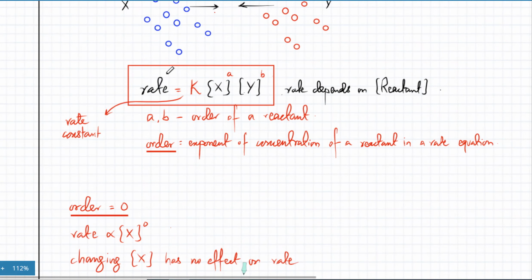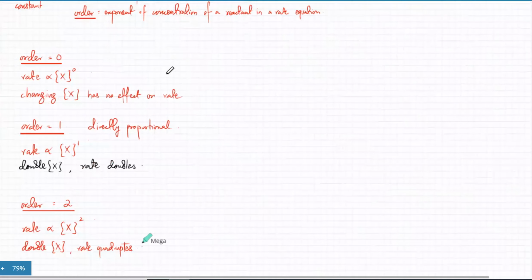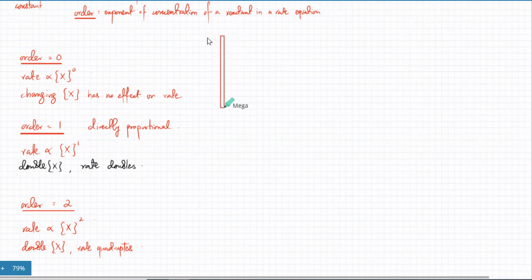And there's a graph which we're going to talk about. So let's talk about the graph for a 0 order reaction. We'll quickly do that. In a 0 order reaction, the graph is going to be a straight line.